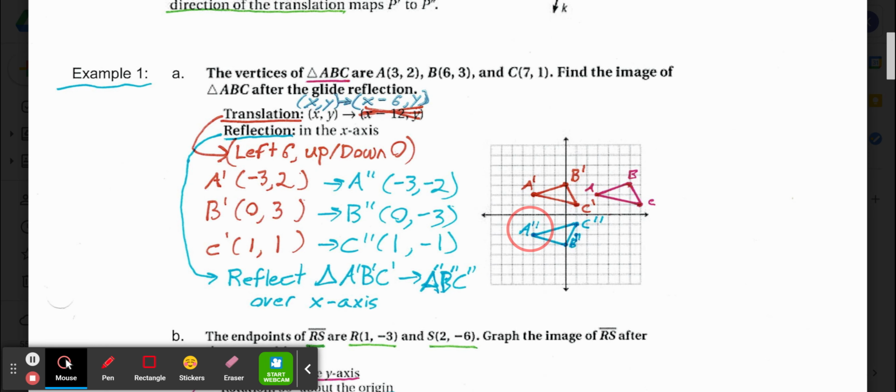Then we plot our coordinates and connect them to get our final image, triangle A double prime, B double prime, C double prime.